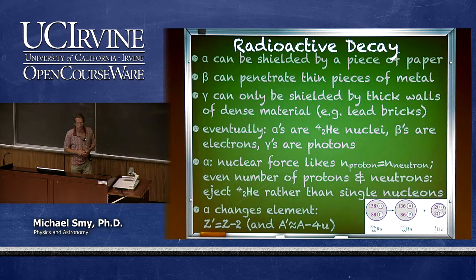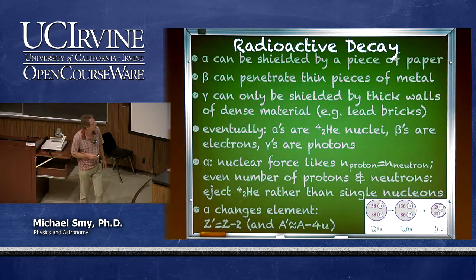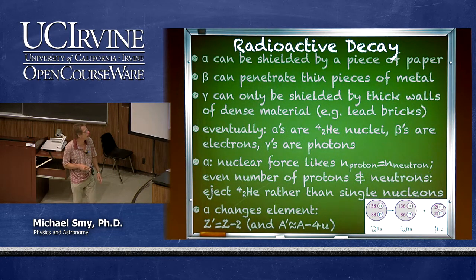And it was eventually found out that alphas are helium-4 nuclei, and betas are electrons, and gammas are photons. And since we discussed that the nuclear force likes an even number of protons and neutrons, and actually it even likes that the number of protons is an even number, better than if it's an odd number.